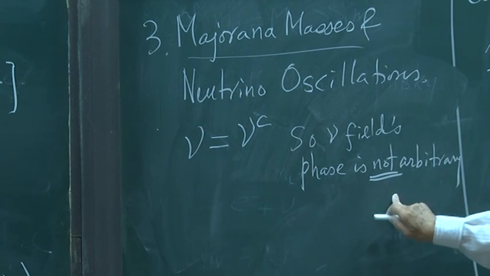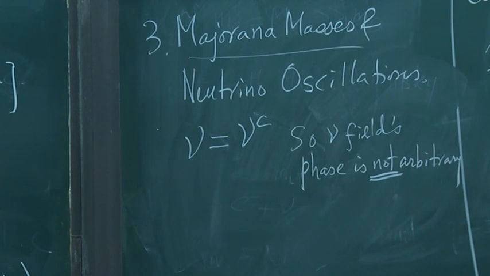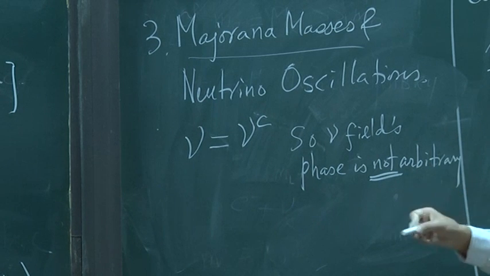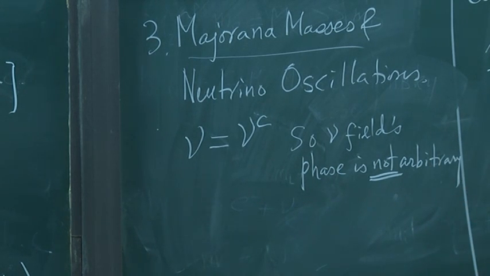The reason I mention this is that you go back to the discussion about the mixing matrix for the quarks or the neutrinos with Dirac masses. There's always a statement that because the quantum field's phase is arbitrary, you can absorb one phase. So if there are n fields, you can absorb n phases.